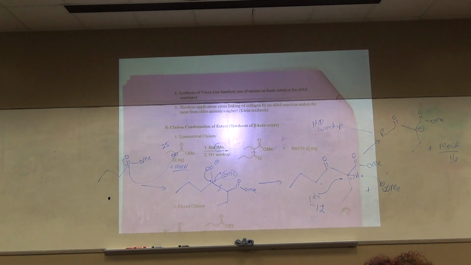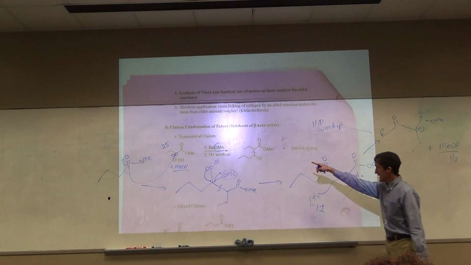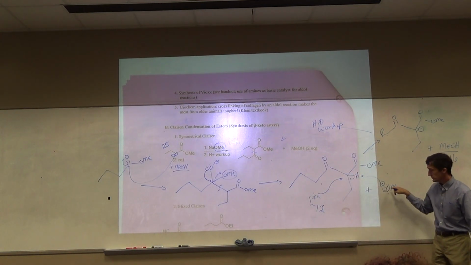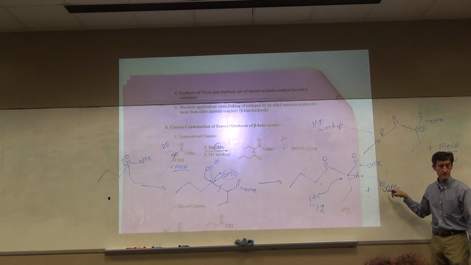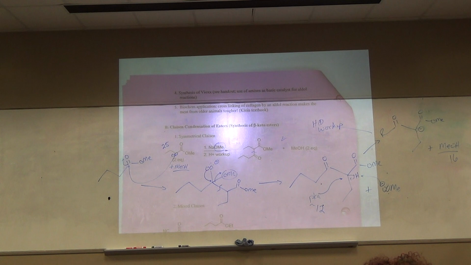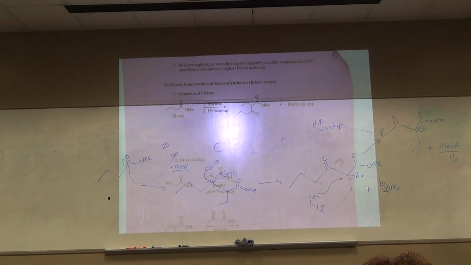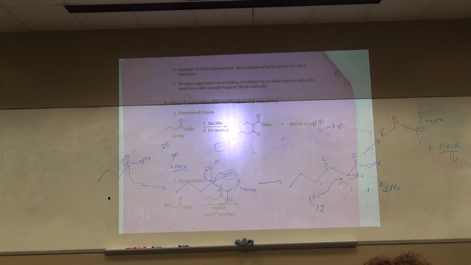Acid derivatives don't have other leaving groups other than the carbonyl oxygen. So this is called a Claisen condensation. It's really a dimerization here because we use two equivalents of the same ester. Our product is acidic enough that it's going to consume the base. Because of that, the base is not a catalyst. You need a full equivalent here to do this reaction. With the aldol, the base is a catalyst.